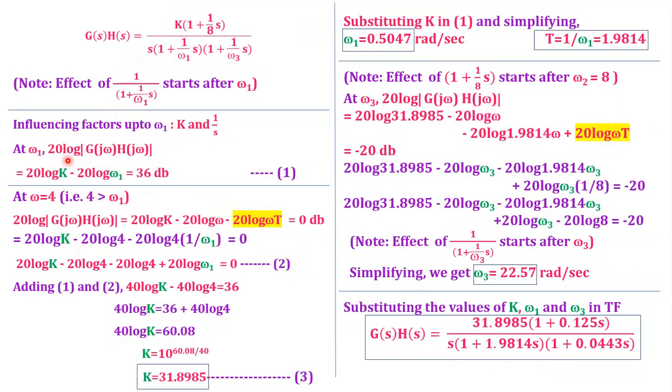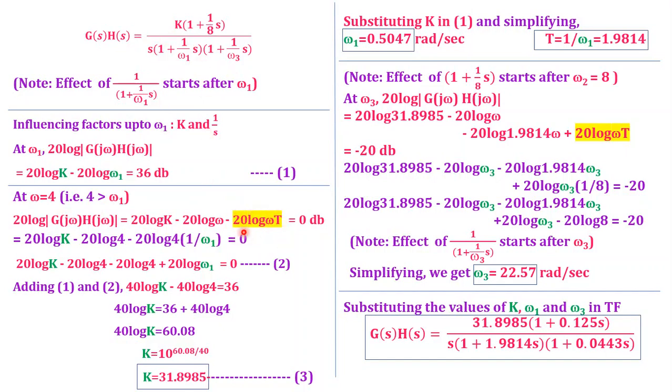Already I have 20 log k minus 20 log omega 1, that I have written. 20 log k minus 20 log omega; here I have not written omega 1 because it is possible at any frequency omega. So what is the extra term? 1 by 1 plus st. What is 1 by 1 plus st after the corner frequency? Minus 20 log omega t. That is why I have written minus 20 log omega t for this.